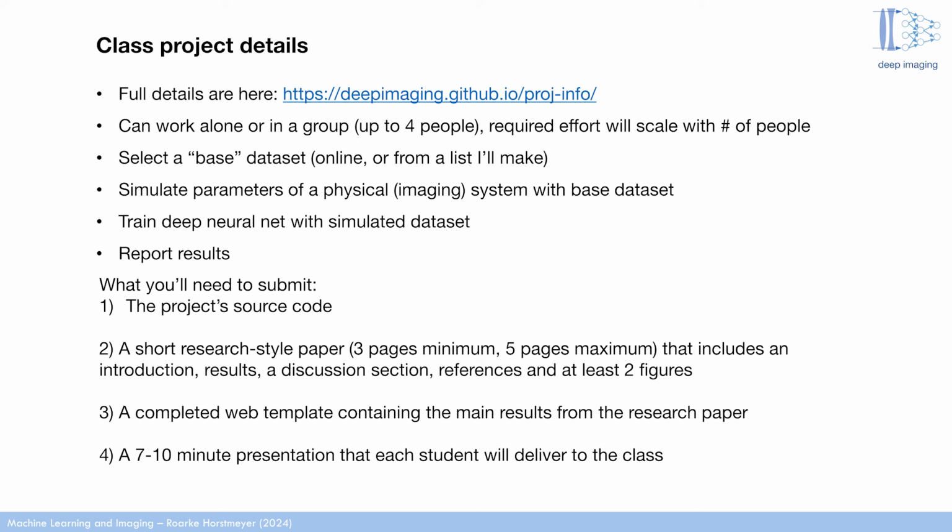project. The details of it are at the course website, just click on the project info tab. You can be working on it alone or in a group of up to 4 people. The point of bringing this up now is to encourage everyone to start thinking about the project. The way it's going to work is you'll get some data.